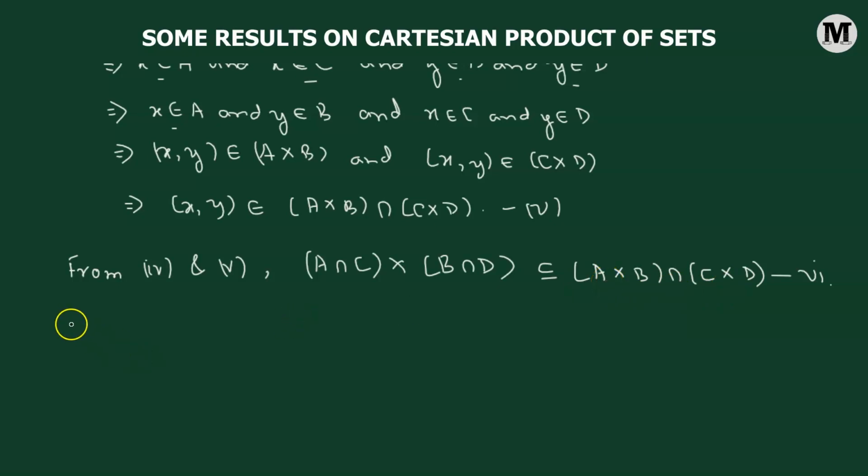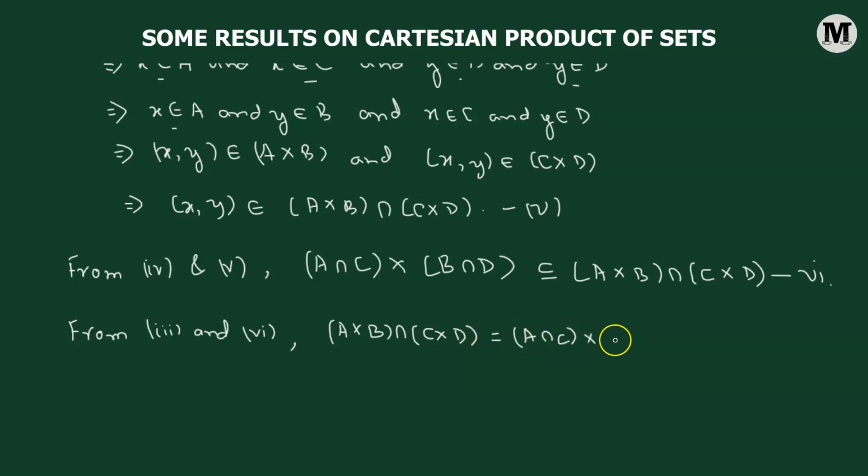So finally from statement number 3 and statement number 6, we can say that the Cartesian product of A with the set B intersection D, is going to be equal to A intersection C, the Cartesian product with B intersection D. Hence we have proved the statement.